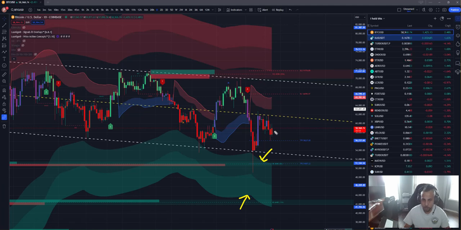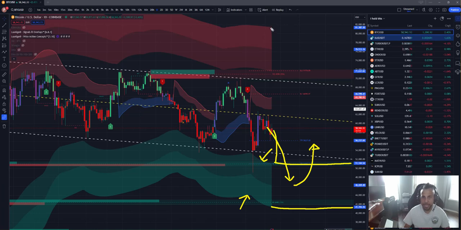If Bitcoin was to travel down to this, the first reversal zone is 51K. The very bottom of the reversal zone is 41K. So when Bitcoin enters this zone, at any point here, it's gonna force Bitcoin to reverse back up.